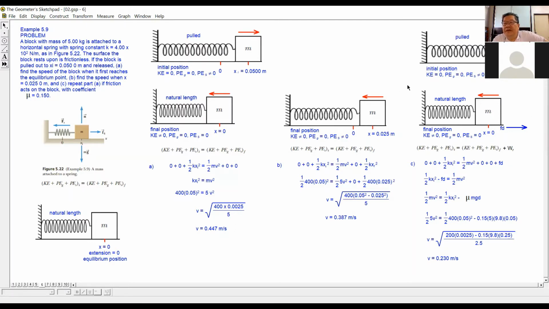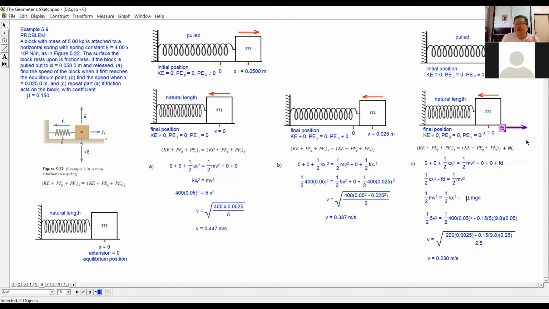Then the final position. The final position is here, at the equilibrium point. At the equilibrium point, kinetic energy is not 0, gravitational potential energy 0, spring potential energy also 0, because it's at the equilibrium point. But in this case, there is this FD.